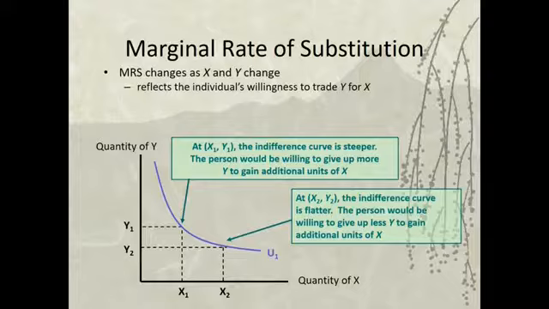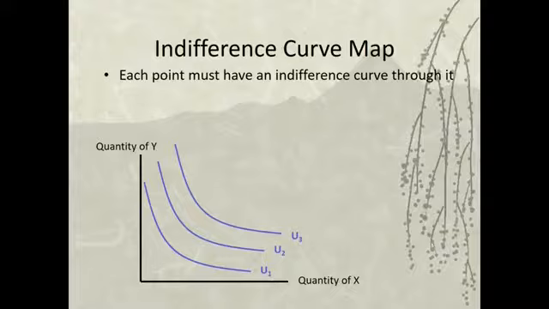Similar is the case with x2 y2. So the indifference curve is flatter. That means, on the contrary, it is steeper for the other commodity. The person would be willing to give up less y to gain an additional unit of x. This is the inverse, the dual, of the first case. So now you have an indifference curve. As I said, if your total increases, then your curve shifts.